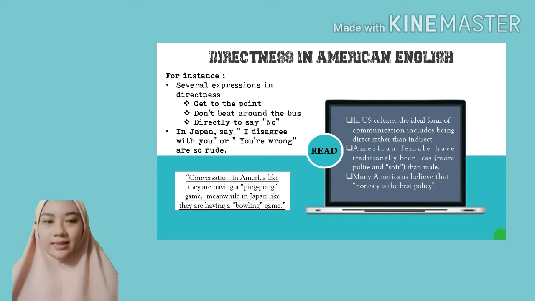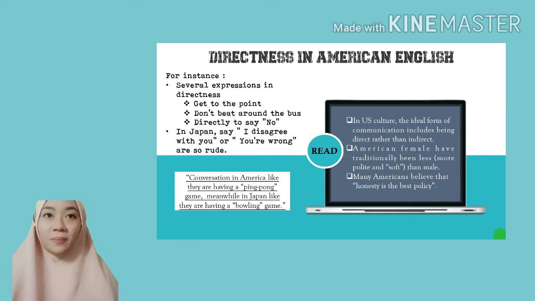For instance, several expressions of directness. The first, get to the point, the second, don't beat around the bush, and the last, be direct to say no. In Japan, saying I disagree with you, or you are wrong, is so rude. Conversation in America is like a ping pong game.